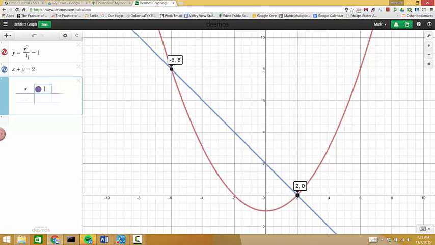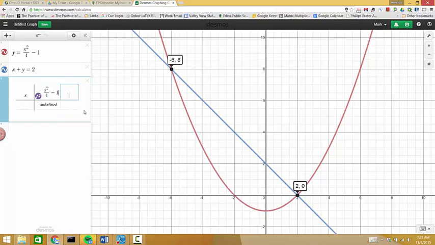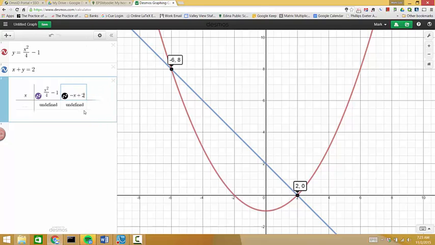So on the first one, I'm just going to put x squared divided by 4 minus 1. Okay, and then over here, if I solve this for y, it would be 2 minus x, or -x plus 2. So I'm going to put that in here. Okay, so now I've got my two functions in there.